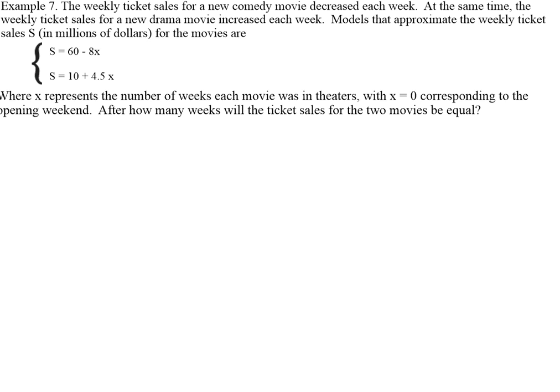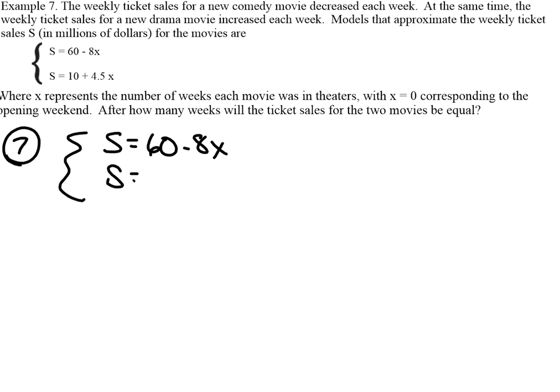So our system of equations is S equals 60 minus 8x, and S equals 10 plus 4.5x. And so again, we're solving this system really using substitution, where we're replacing one of the S's with the other rule there.